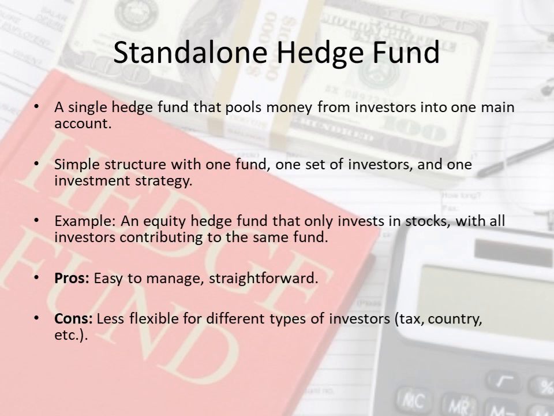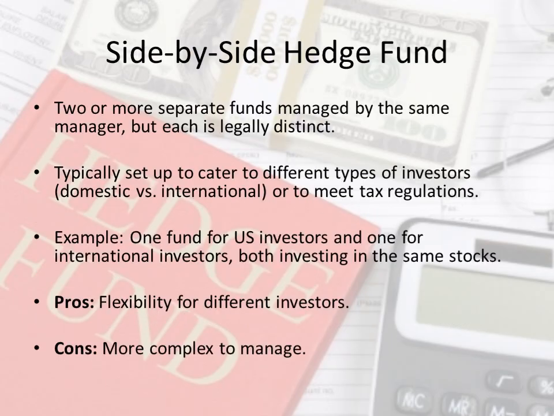Now we will talk about the second structure of a hedge fund, that is side by side hedge funds. In a side by side hedge fund, there are two or more funds that invest in the same things but are separate from each other. Here also I will give you an interesting example. Imagine you are running two clubs that both want to invest in tech stocks, but one club is made up of people from the US and the other is international investors.